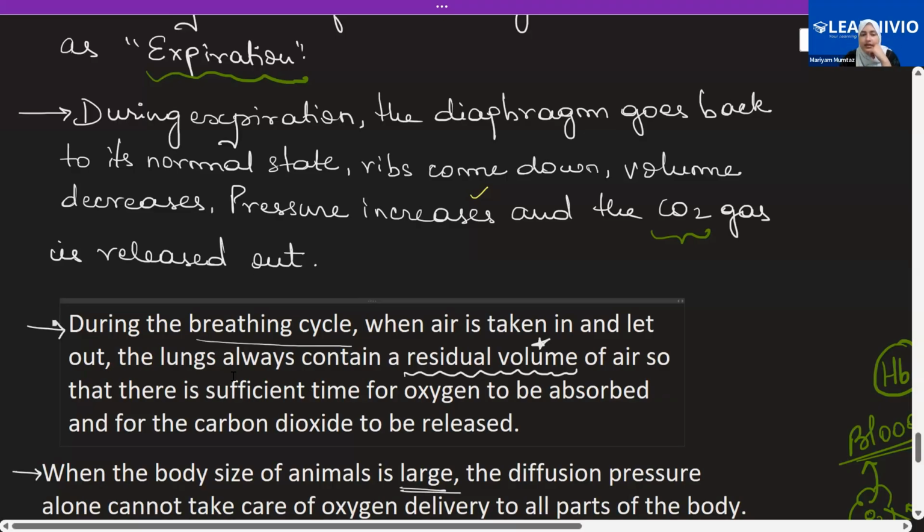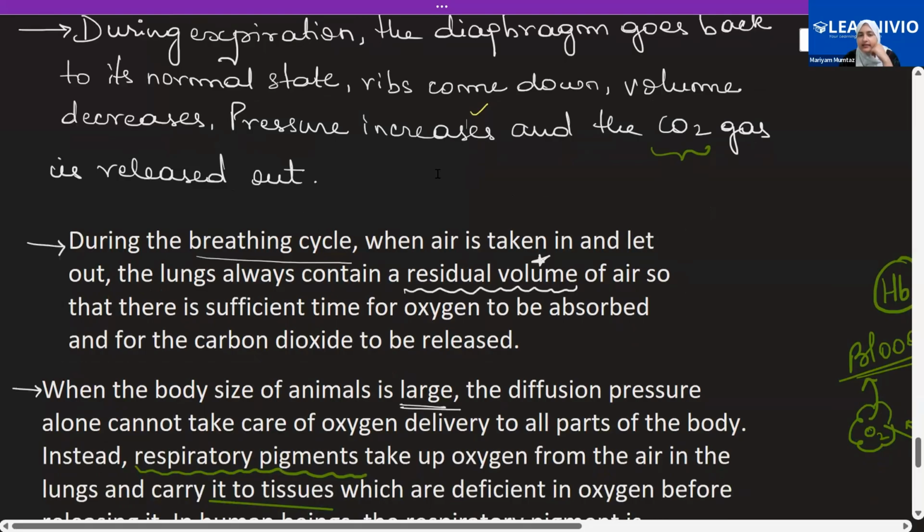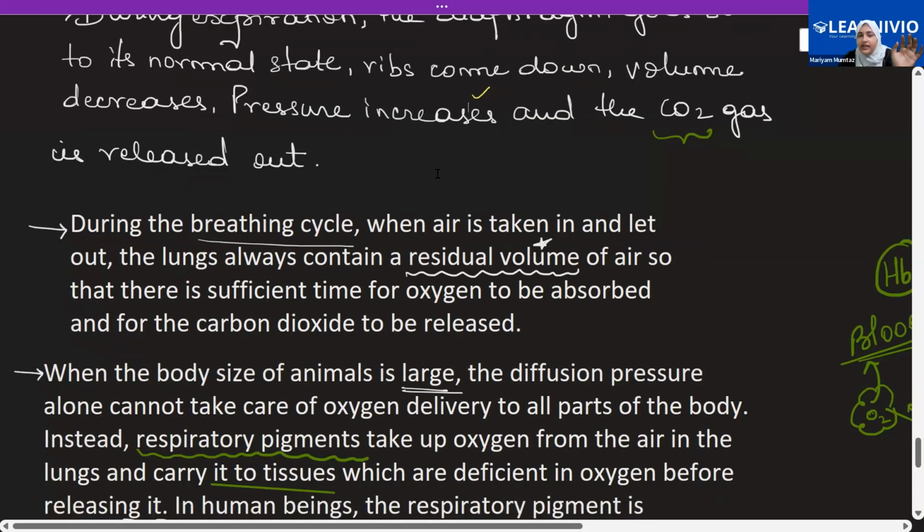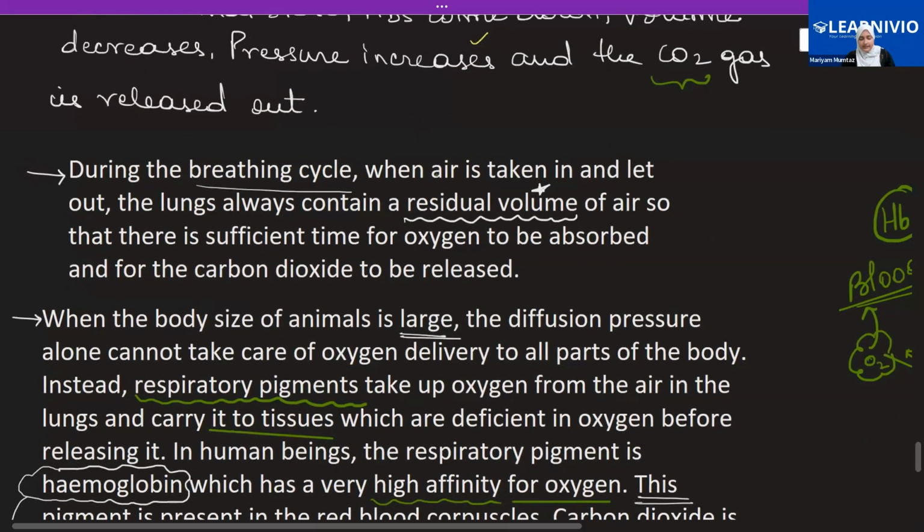During the breathing cycle, meaning during the intake of air and giving out of air, even while we are breathing the air out, that doesn't mean that the lungs will be empty. There will be no point of time where our lungs remain empty. Why?